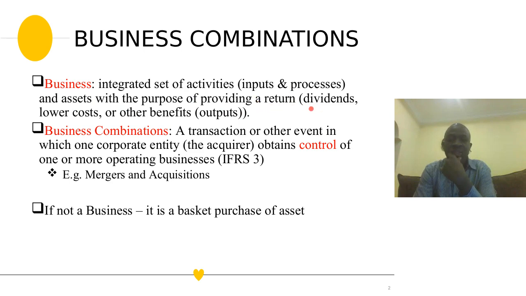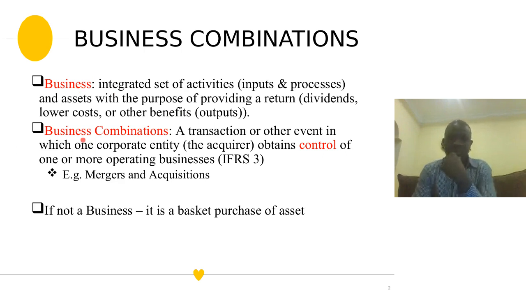Now, the return may be in form of dividends. It may also be in form of lower costs of production or any other benefits. So that is just a definition of a business.